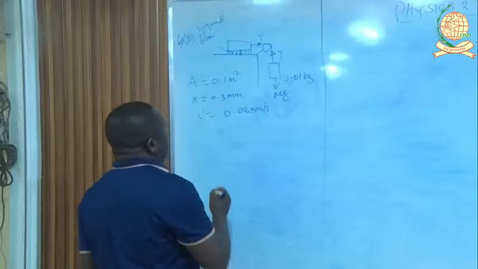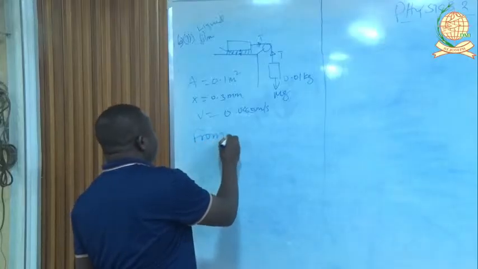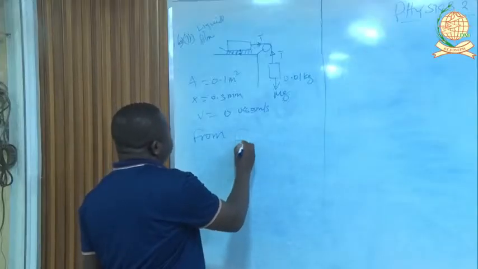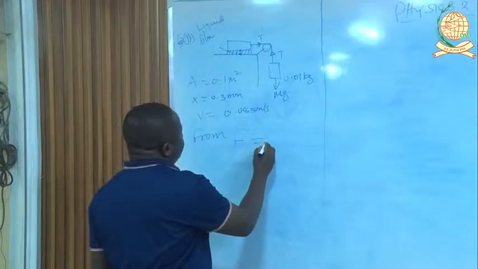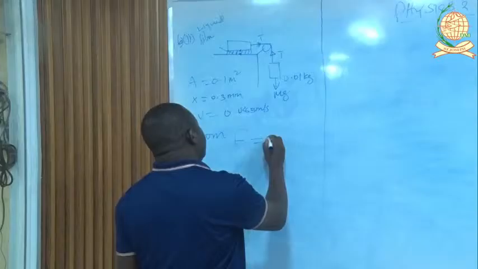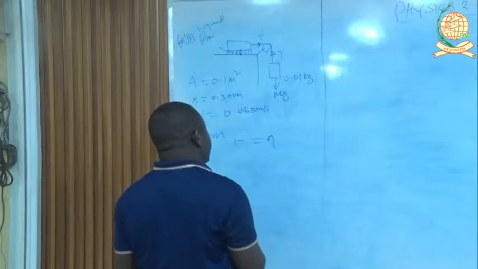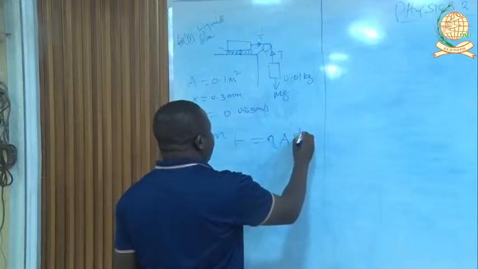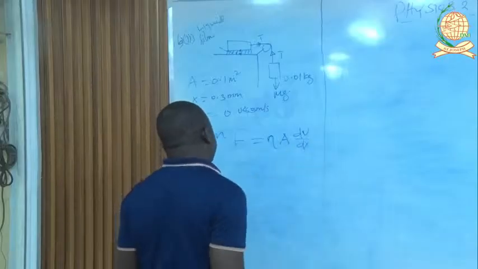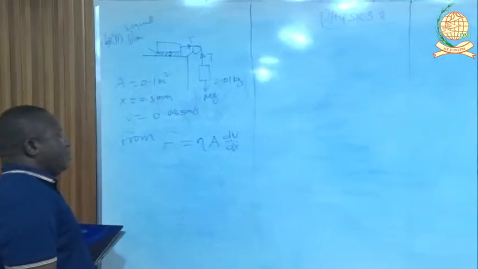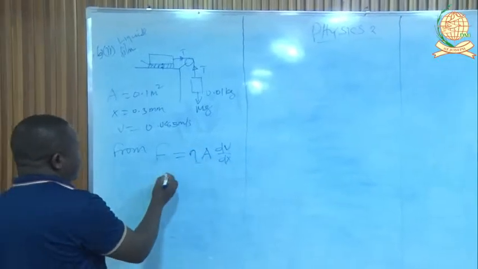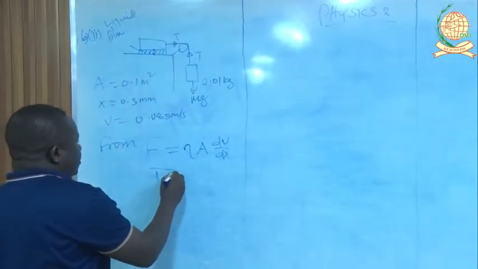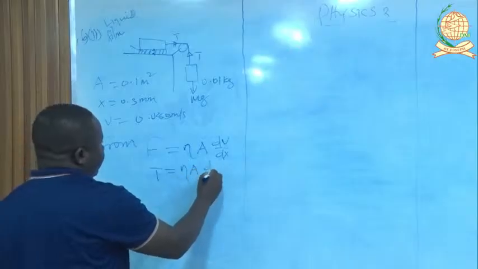So from Newtonian fluid force, tangential force is equal to the magnitude of viscosity coefficient eta, area of the plate, times the velocity gradient. Therefore, we are looking for this, but what is our force in this case? Force is equal to tension.